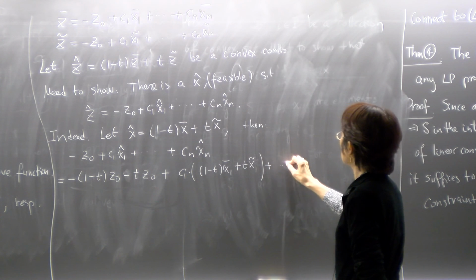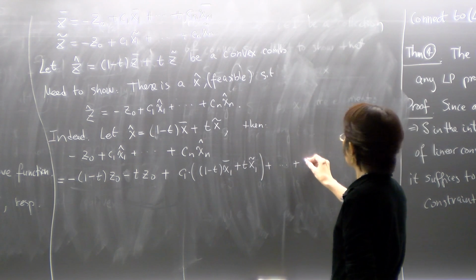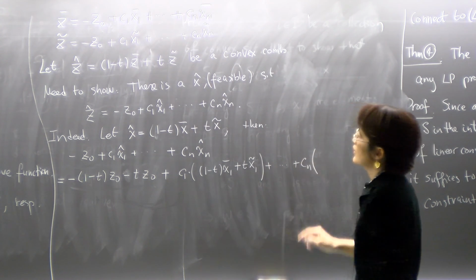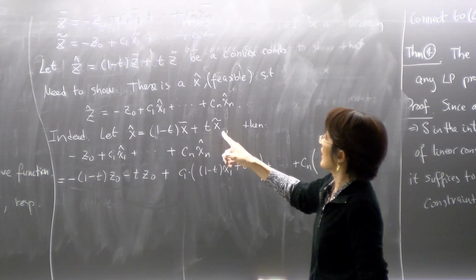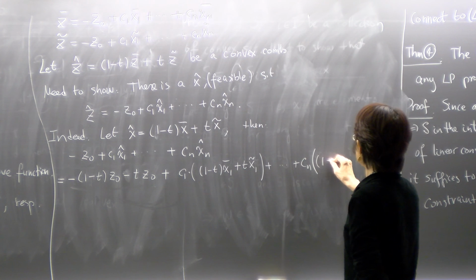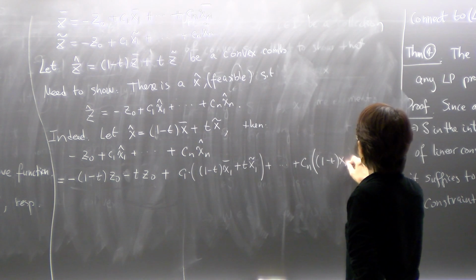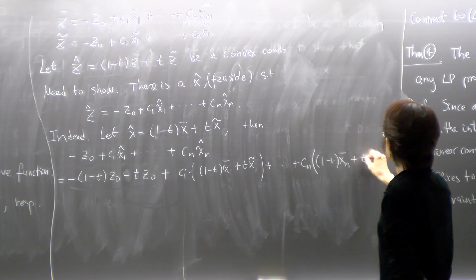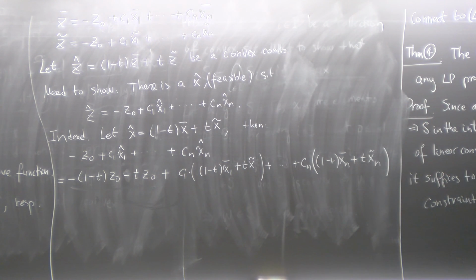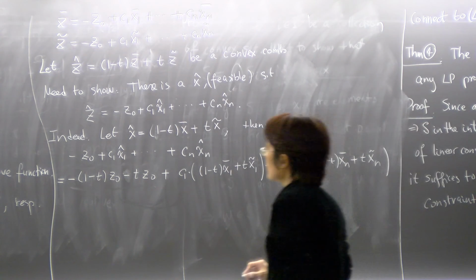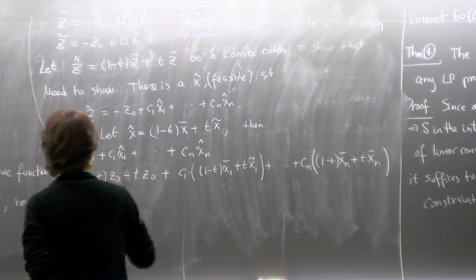Plus dot, dot, dot, plus until the last one, cn xn hat, where I put n in this expression: (1 minus t) xn bar plus t xn tilde. That's what it will be. So it's always the same trick that I keep playing.